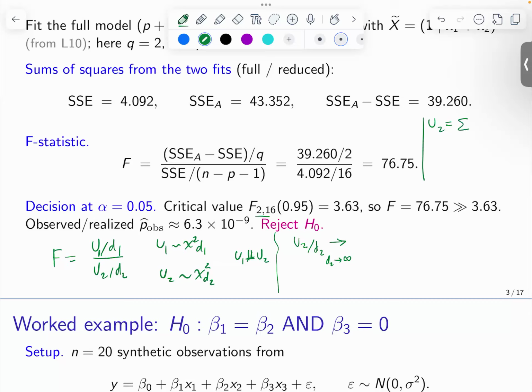So U2 is the sum from i equals 1 to D2 of Zi squared, and the Zi's are IID normal 0, 1. So U2 is the sum of, not roughly, exactly D2 Zi squared. Okay, so these also grow. So it's like an average, actually. That's another good guess.